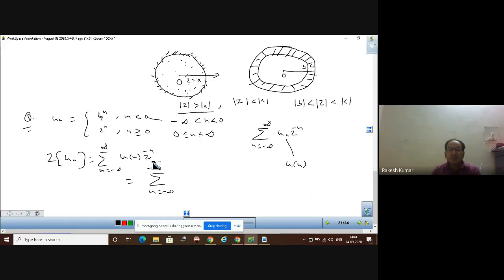When the interval has been separated, for n from minus infinity to minus 1 the function is 4 raised to power n into z^(-n). And for the range of 0 to infinity, we have the function 2 raised to power n, and this is z raised to power minus n.